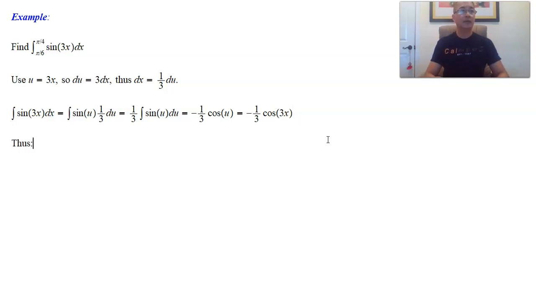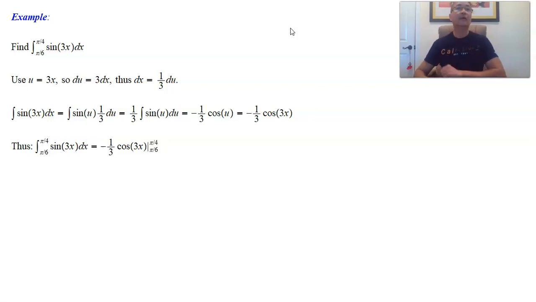Now we are ready to plug that into our definite integral. The definite integral is our antiderivative, where again we plug in the endpoints. So in the bar over here, at the bottom we have pi/6, and at the top we have pi/4.